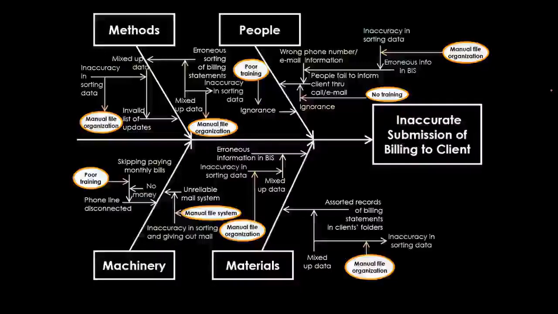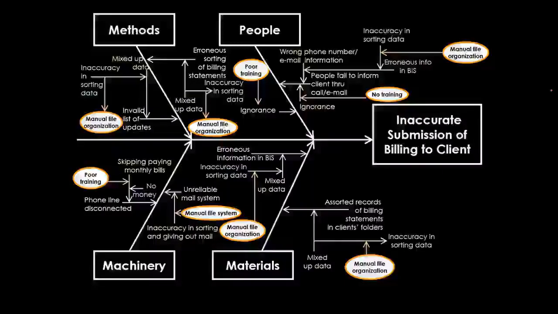At the beginning, to prepare this, you have almost 8 issues. But by using that cause and effect diagram, at last you get an opportunity to answer 2 critical factors: manual file organization and the training.